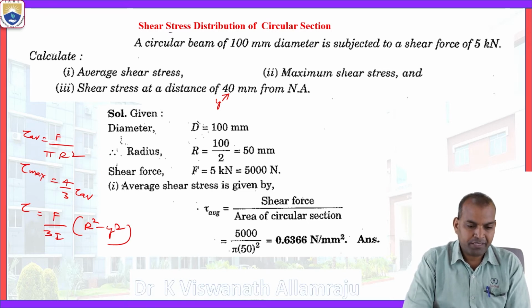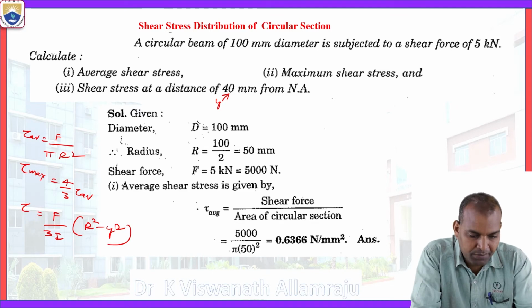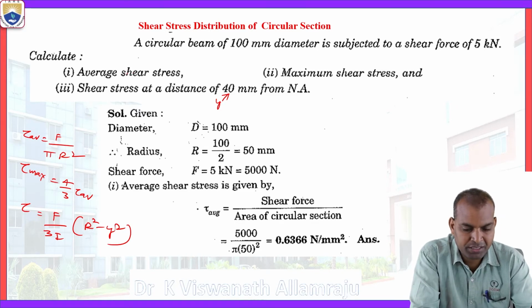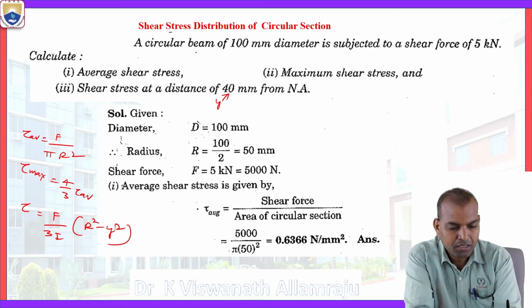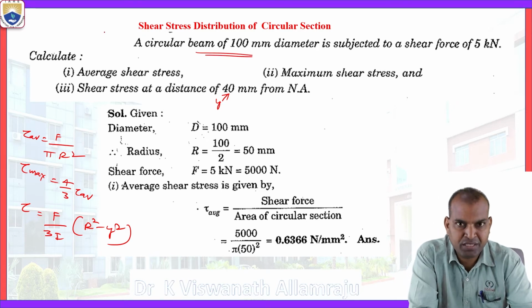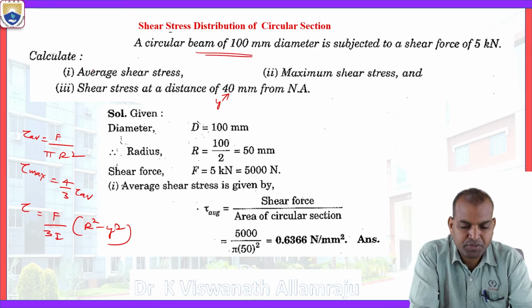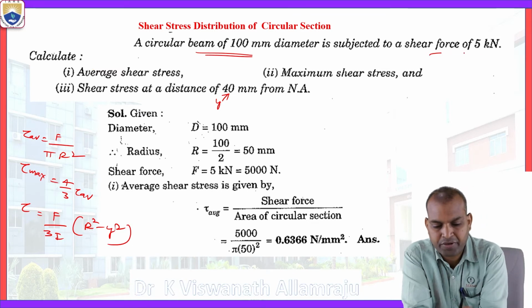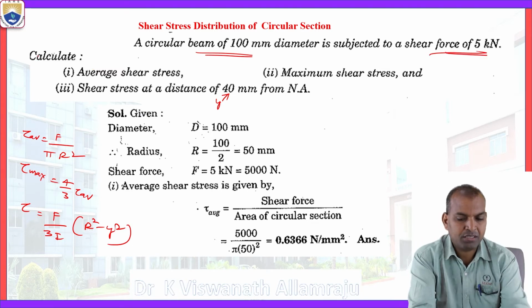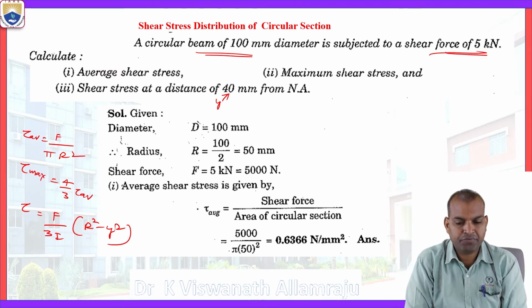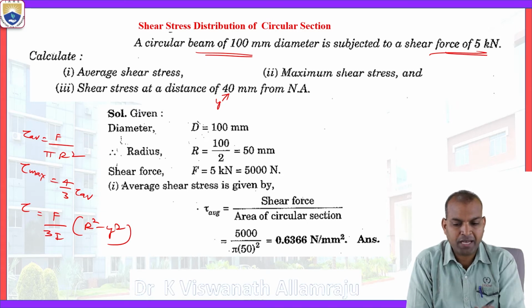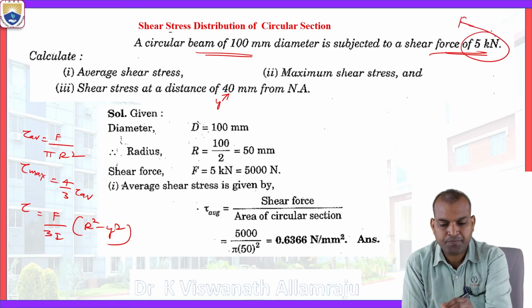So what is the problem? Let us read. A circular beam of 100 millimeter diameter is subjected to a shear force of 5 kilonewtons. That is the value of F, the shear force.